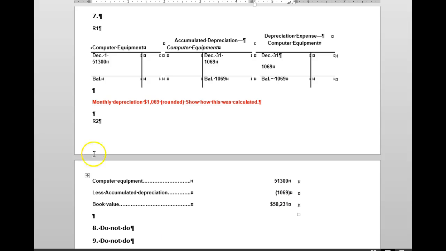On the balance sheet, you would have the equipment, you would have the accumulated depreciation, and the net book value then is the cost, or the value, however you want to look at that, minus accumulated depreciation. So the book value, if you decide to sell it, for recording purposes, would be $50,231. We'll do a couple more of those later on.